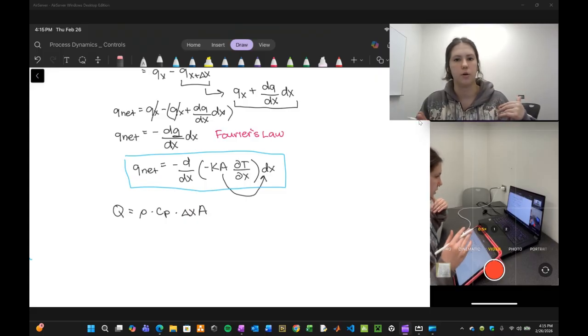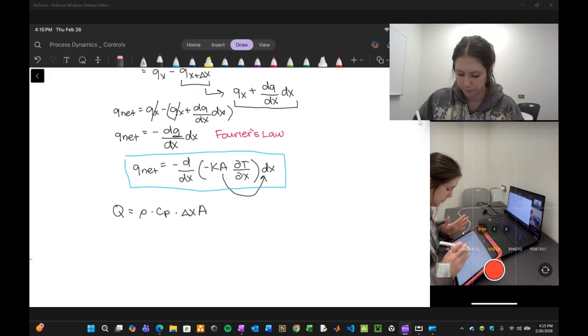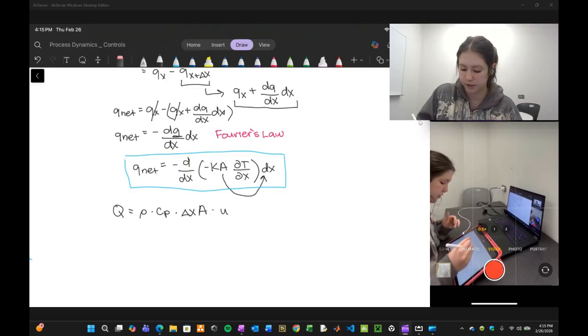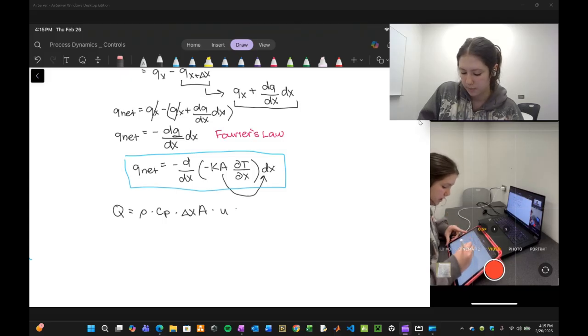It's not just in one X direction, it's also Y and Z. And then we also need our overall temperature, which is dependent on position and time.